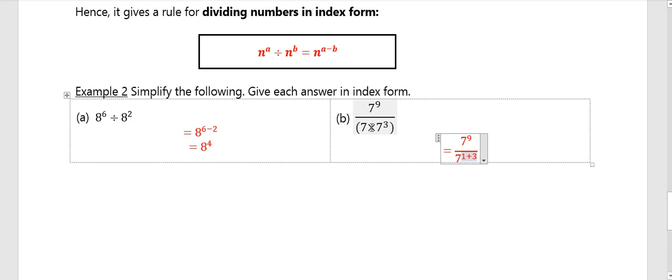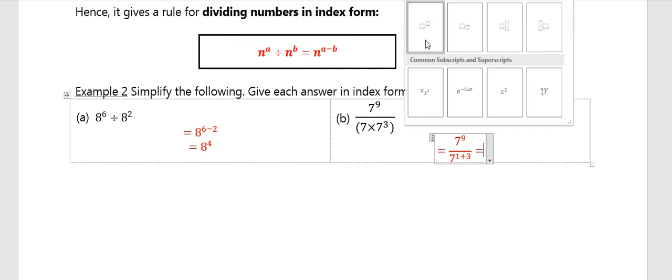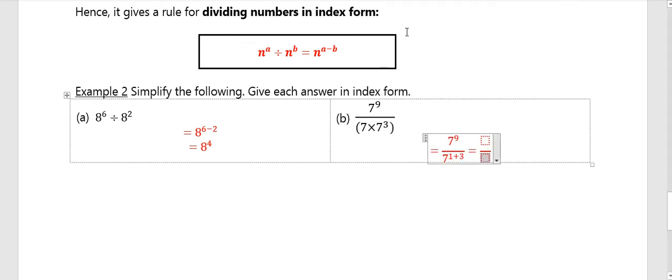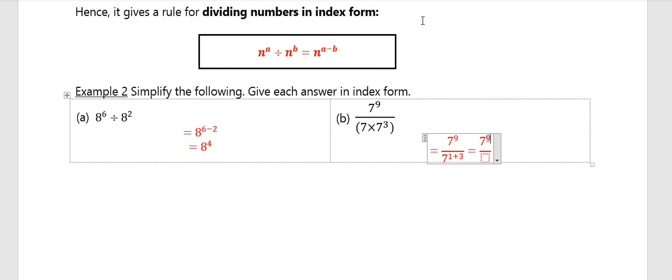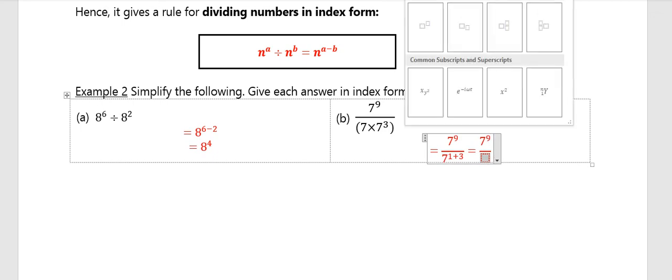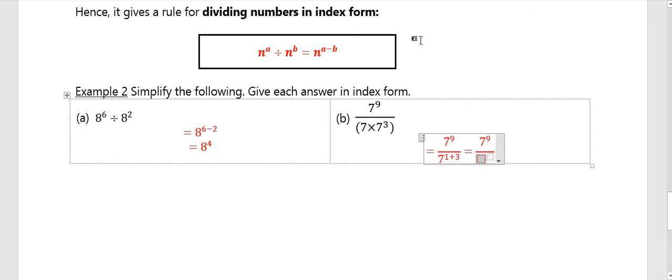So 7 power 1 times 7 power 3. So here you have the fraction 7 power 9 over 7 power 4.